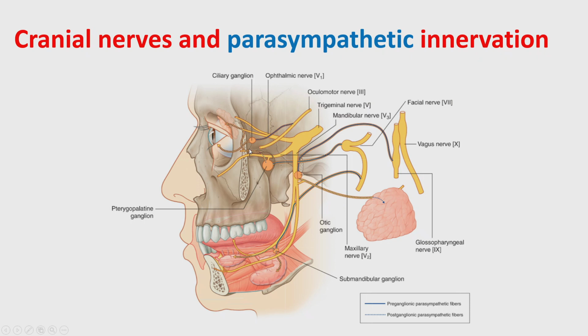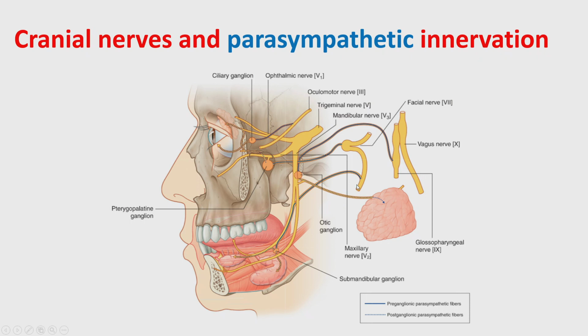It is responsible for the innervation of glands: the lacrimal gland for its secretion, and also some glands in the nasal cavity, the palate, and the palatine tonsil. Then you have the glossopharyngeal nerve, which has a parasympathetic fiber connected with the otic ganglion and responsible for the secretion of the parotid gland.